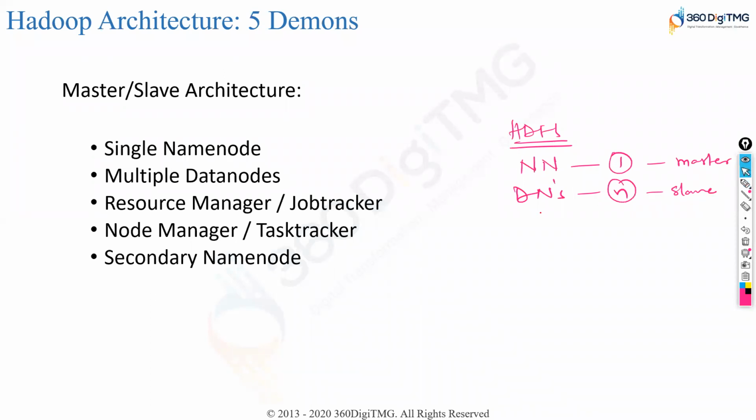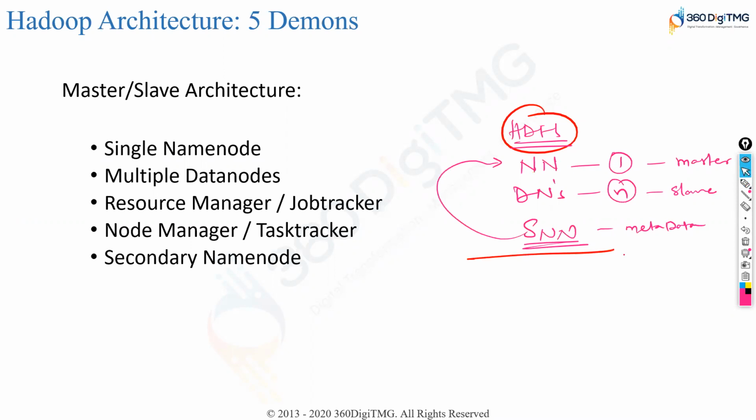And then we will have secondary name node, which acts like a backup of the metadata of name node. So these are the 3 components which support HDFS, and we'll focus on these things.